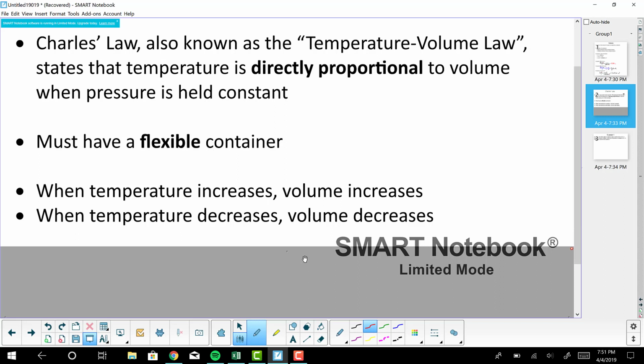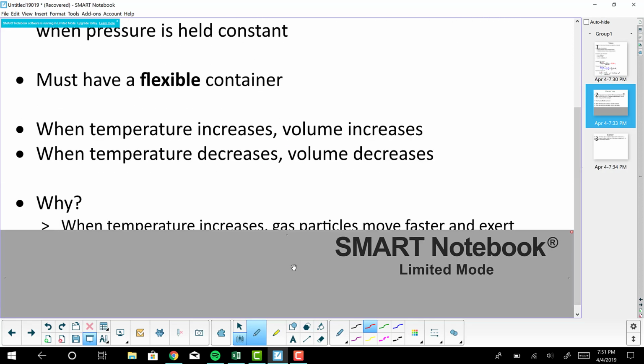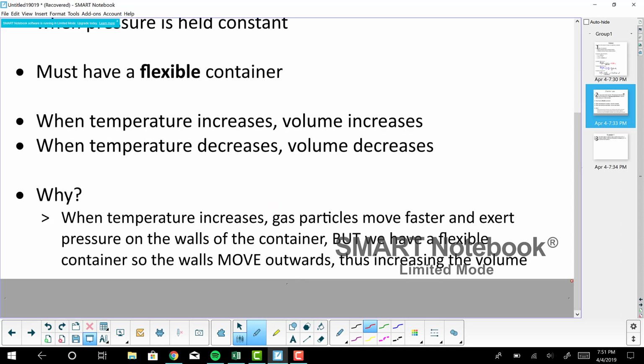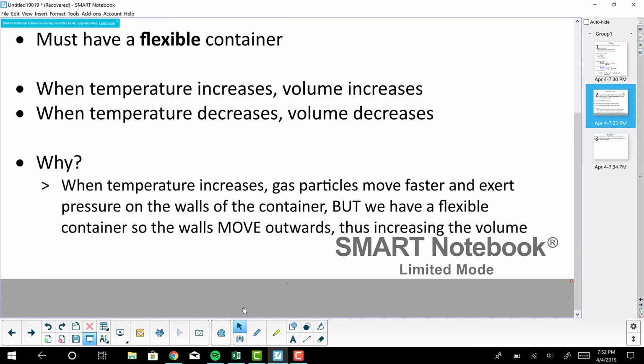But why is that? So go ahead and brainstorm for a second. Why does the volume increase when the temperature increases? In fact, what happens is that when temperature increases, gas particles move faster and exert pressure on the walls of the container.